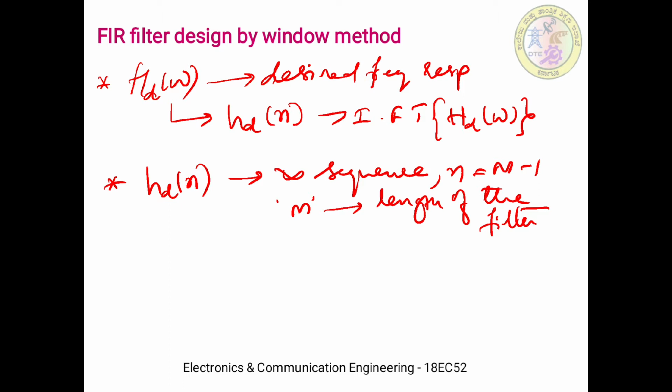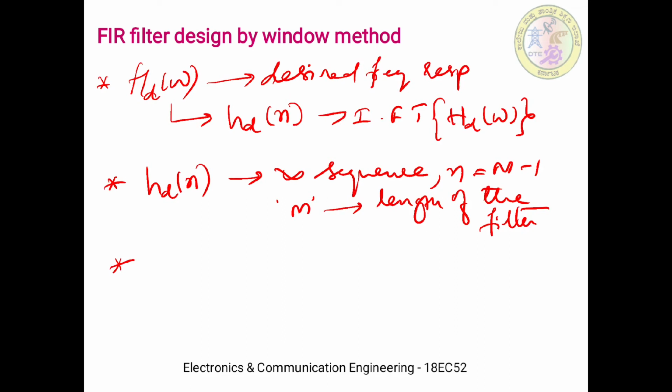Therefore we need to truncate it to a finite number of points, as it is a finite impulse response. So the sequence must be cut down at n equal to M minus 1, where M represents the length of the filter. Now how do we perform this truncation?